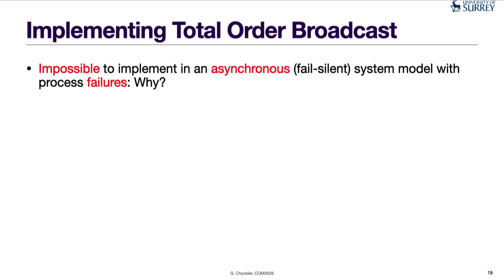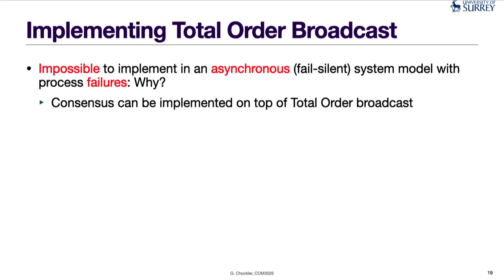So the reason is as follows. First, consensus can actually be implemented on top of total order broadcast. And we discussed how to do this in the very first lecture of this class. So if you don't remember, please feel free to revisit lecture 1's material and you will find the answer there.